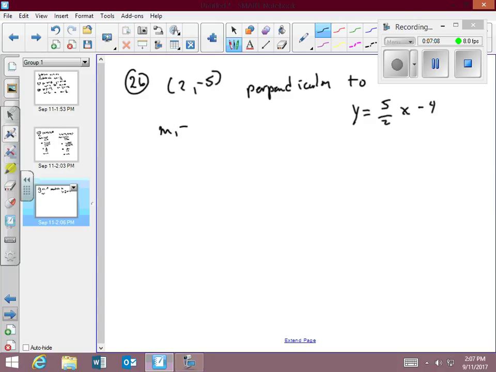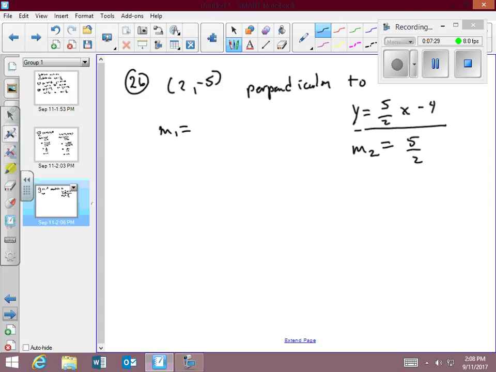has slope m1. We're not given it. This line right here has slope m2, and can we find it? What's the slope of this line right here? 5/2.